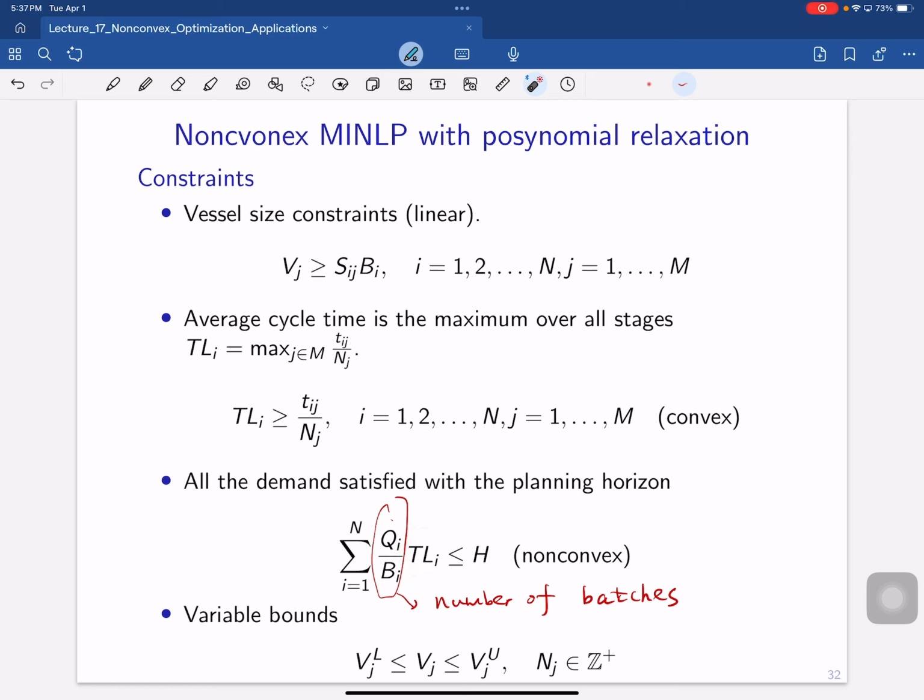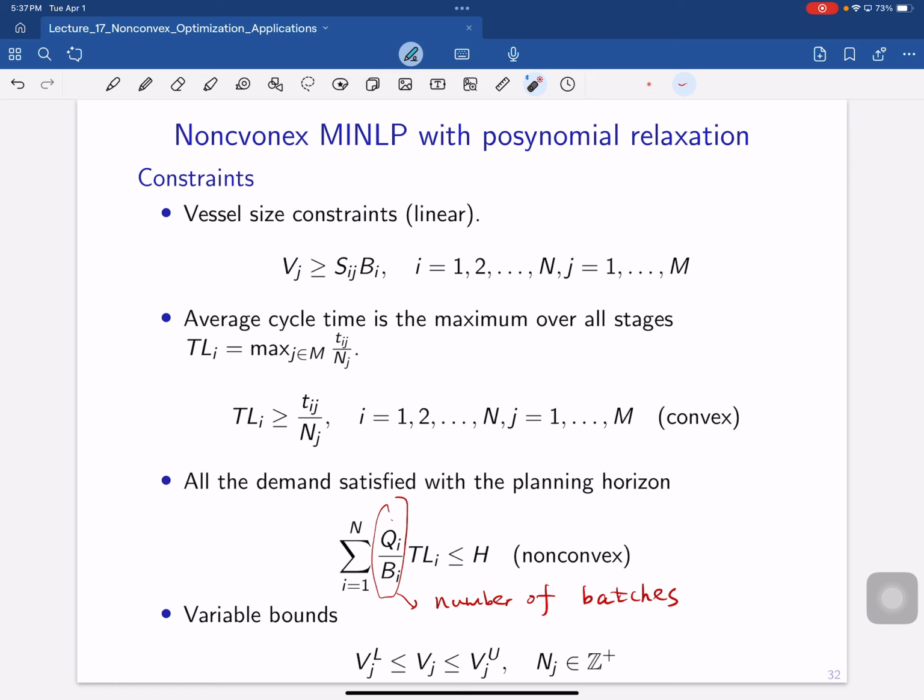Therefore, you need to sum over all the products. Then you have to satisfy all the demands within the time horizon denoted by H. Okay, so this is the so-called demand satisfied within the planning horizon, right? So now you have the ratio of two variables, right? Qi is a variable, Bi is a variable. This thing is a non-convex function, okay?